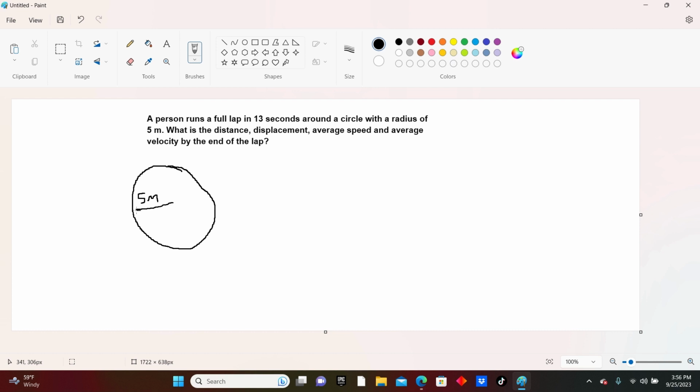So if we were to find the distance, that would be the total path length around the whole circle, which is also just the circumference of the circle. The distance, which we'll represent by d, will equal the circumference, which is 2 pi r. Since r equals 5 meters, it's 2 times pi times 5.